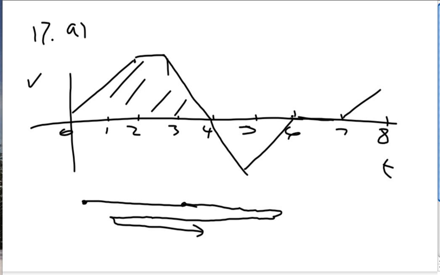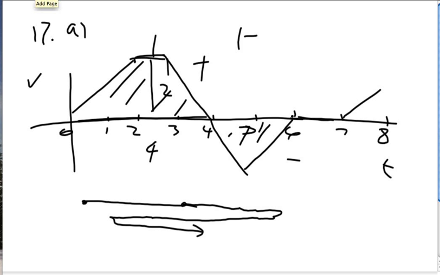So how do we know the distance here? The area above the x-axis is positive, the area below the x-axis is negative. So we count the grid here. Here is 1, here is 4, and the height is 2.